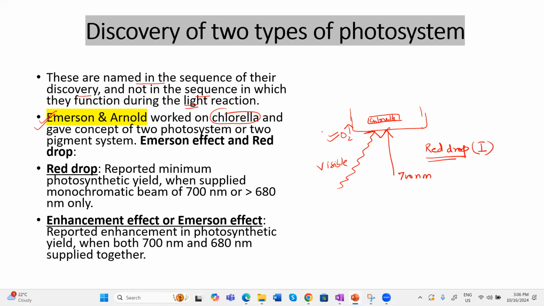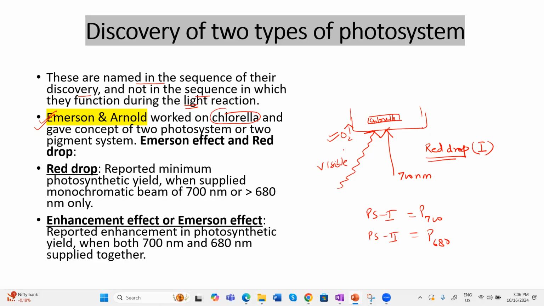One reaction center can absorb wavelength more than 700, that is why we say P700, photosystem 1. Another is able to absorb wavelength less than 700, we say P680, that is photosystem 2. Photosystem 1 has absorption at 700 nanometer and photosystem 2 has absorption at 680 nanometer.